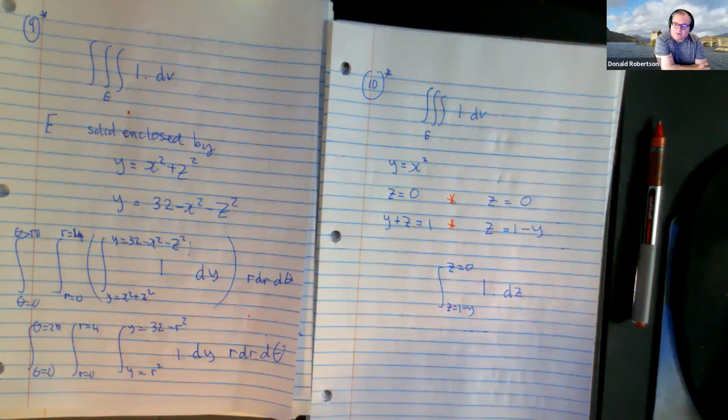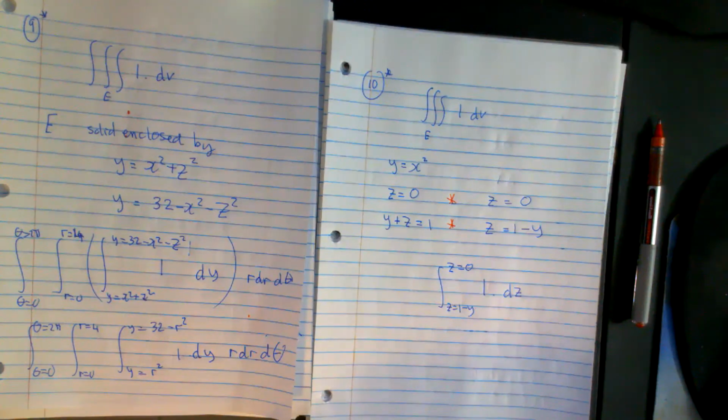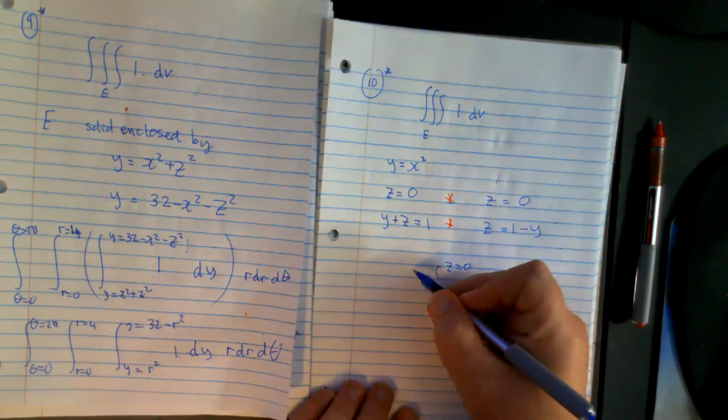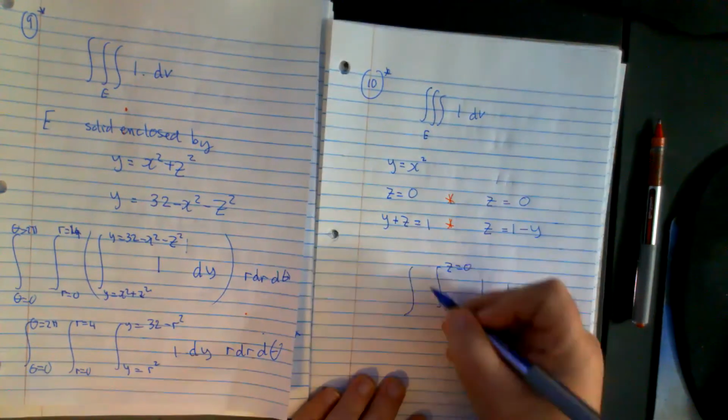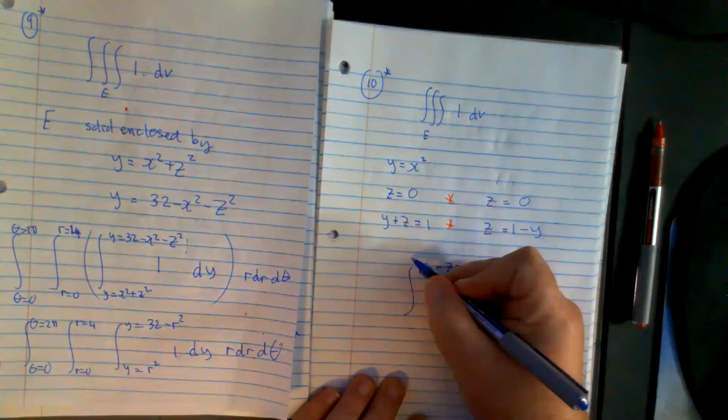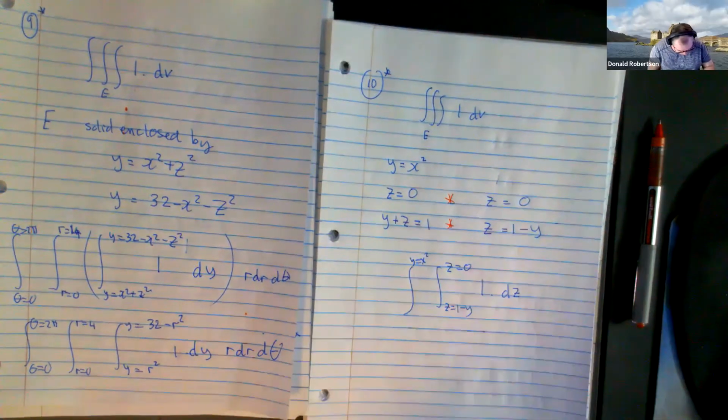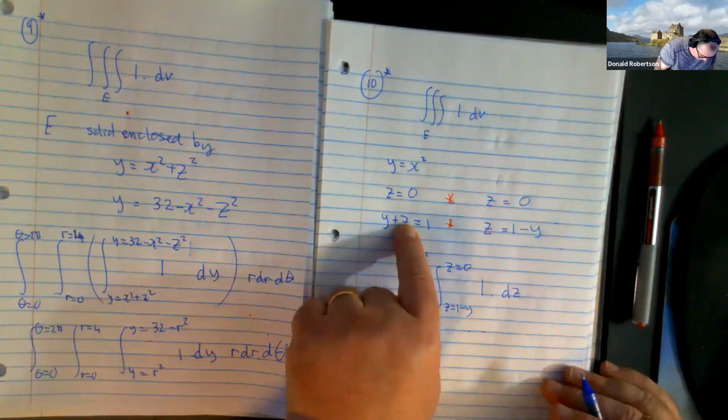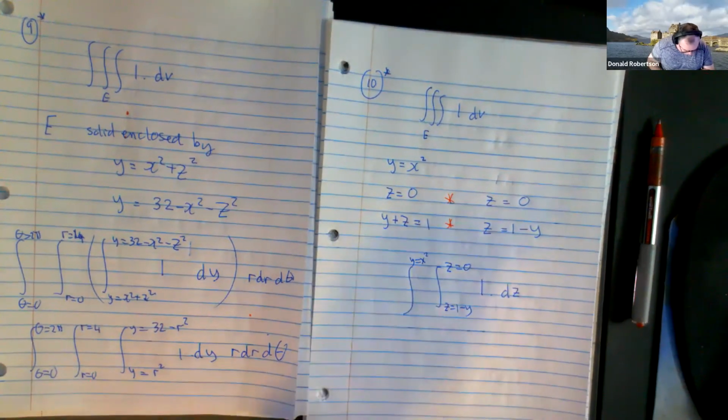Do you think it's limits for y or limits for x's? What do you think I should do next? You should do the limits for y because you can rearrange z equals 1 minus y to be y equals 1 minus z. Oh, and use this again? Yep, got you. I don't want to do the second part.